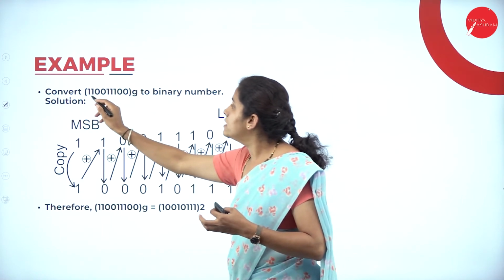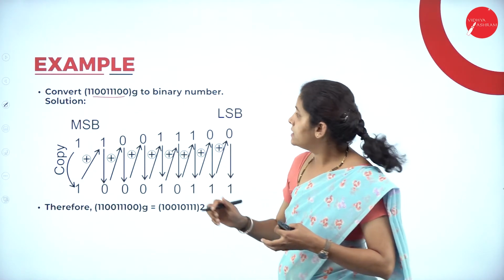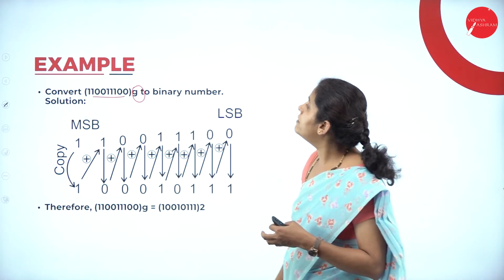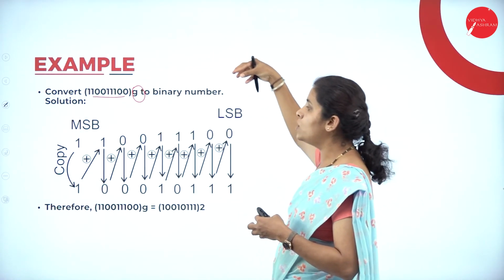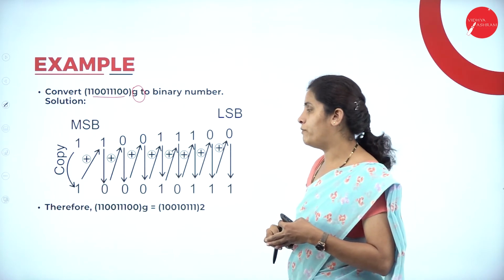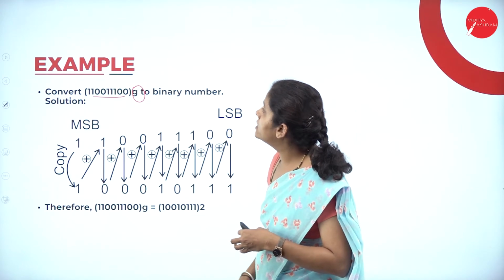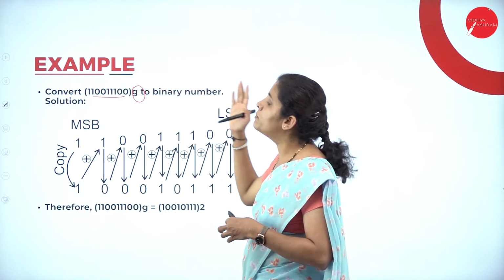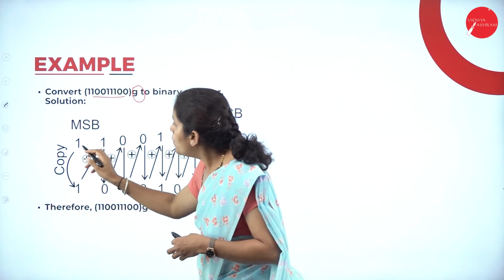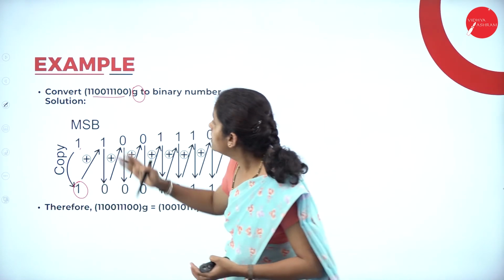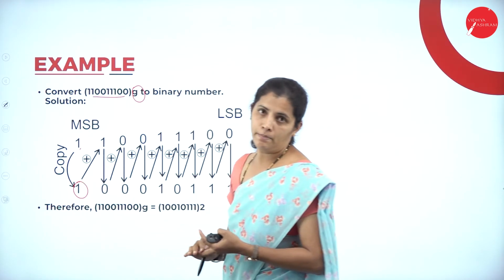This is the given gray code, represented by G. Now I want to convert this gray code to binary. So how can I perform this? This is the example used to indicate the conversion of gray to binary number. First I'm going to copy the MSB bit.